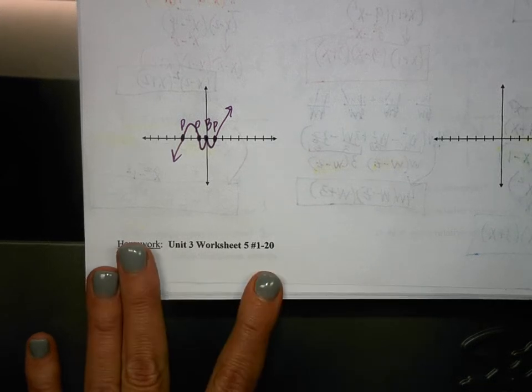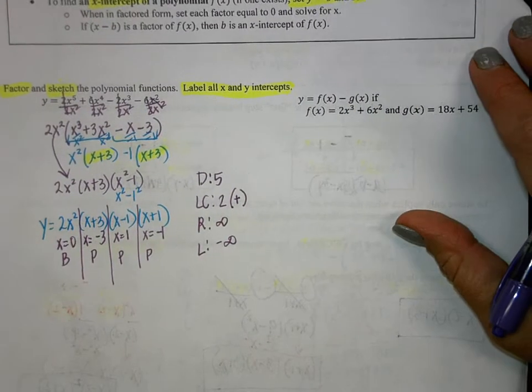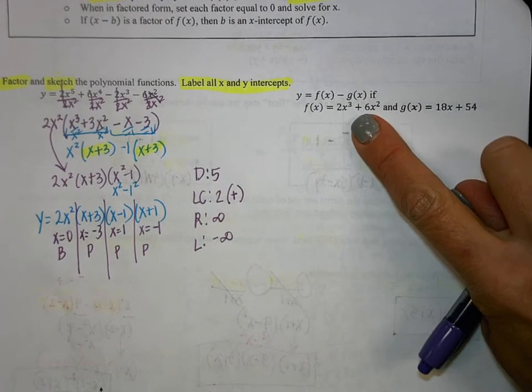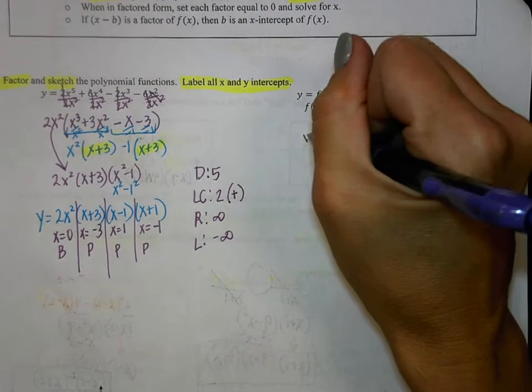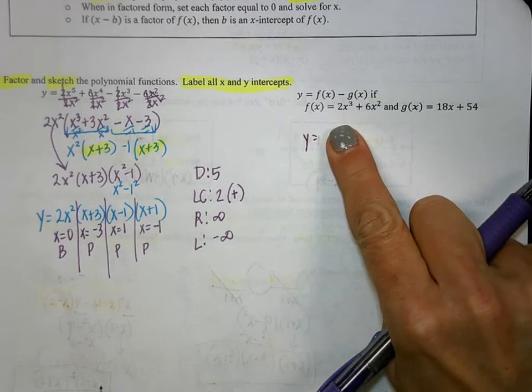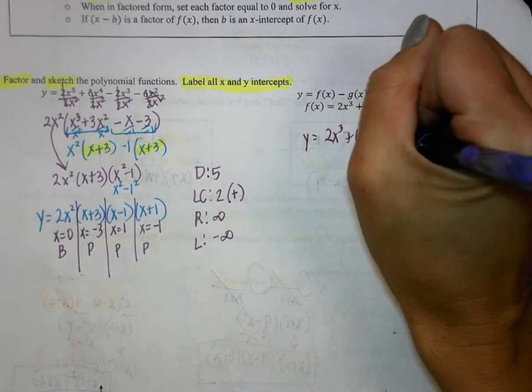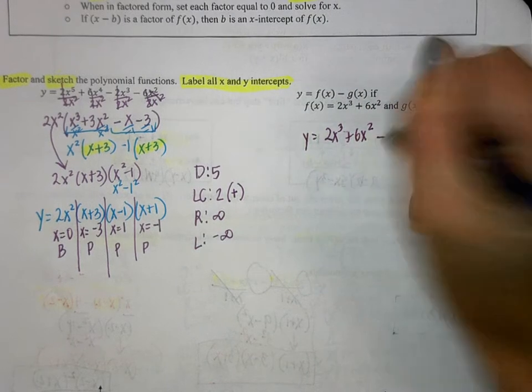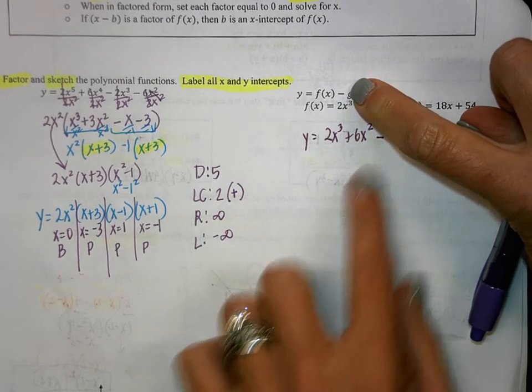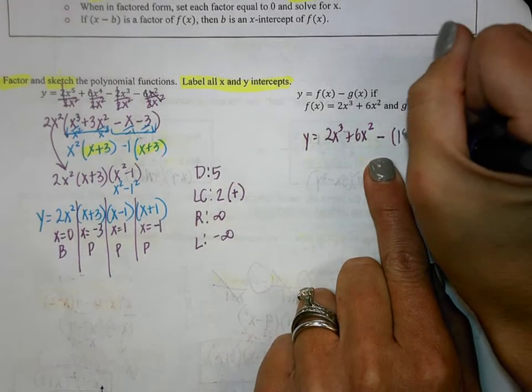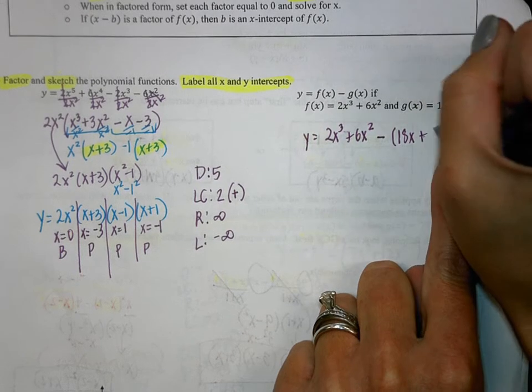Okay, this next problem. F of x minus g of x. This means that we take f of x, which is 2x cubed plus 6x squared, minus g of x, which is 18x plus 54.